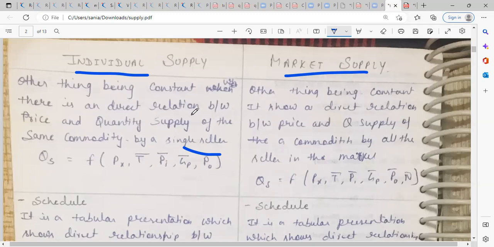The only difference between the individual supply definition and the market supply definition is that over here it is by a single seller and over here it is by all the sellers in the market. Clear? See, this function will remain the same: QS equals f(PX). Only PX will change and other things will remain constant. And similarly over here as well. Okay.